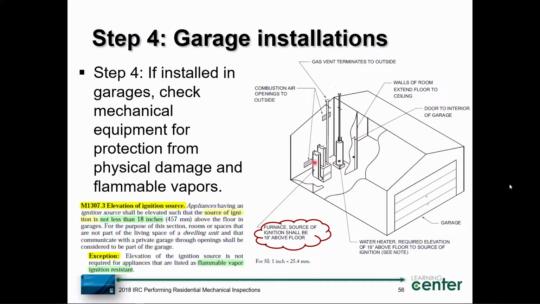Now, there's a technology that came out for water heaters about 25 years ago, and all residential and many commercial water heaters are being manufactured with it now. It's called the Flammable Vapor Ignition Resistant System, and you can mount the water heaters directly on the finished floor. You don't have to elevate them.